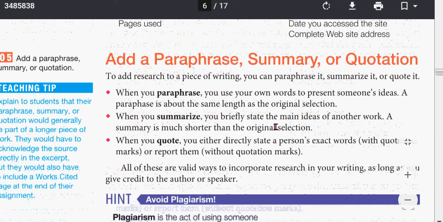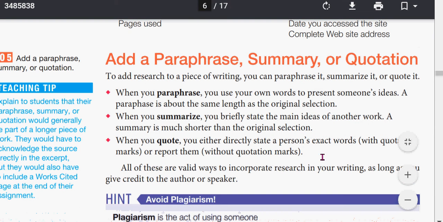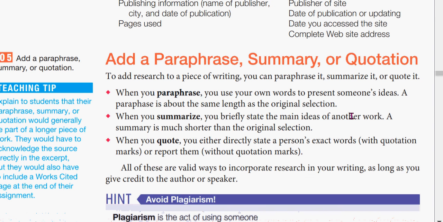Paraphrase, summary, and quotation. I'll be talking about this more here. Paraphrase is just changing the language, changing the vocabulary and the grammar, but keeping exactly the same information. So when you paraphrase, you still have to say where you got it, but it's not a quote.